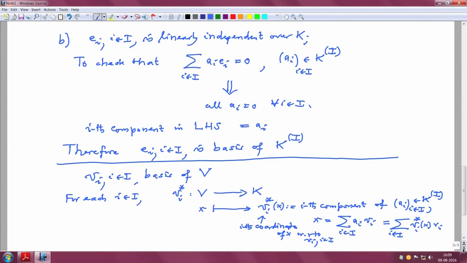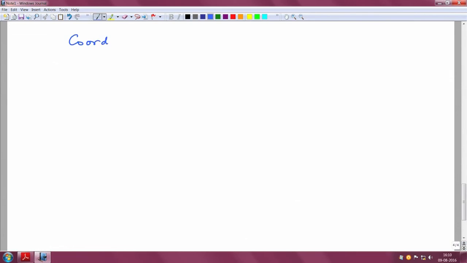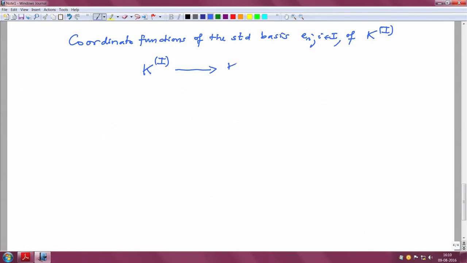The coordinate functions with respect to the standard basis e_i, i in I, of the vector space k power (I) are maps from k power (I) to k, and these are e_i star, and these are precisely the projection maps. The tuple (a_i) is mapped to a_i. So e_i star is precisely the ith projection.